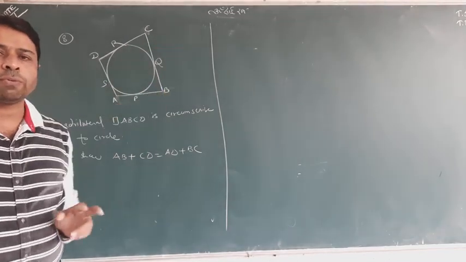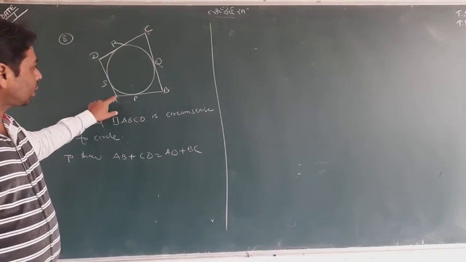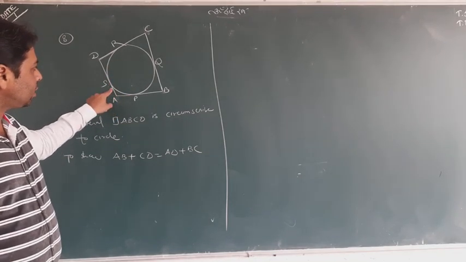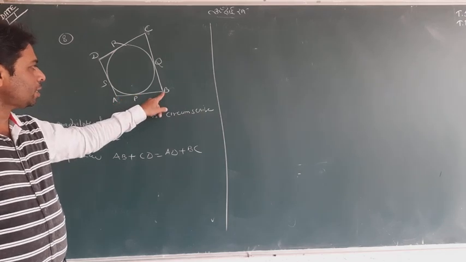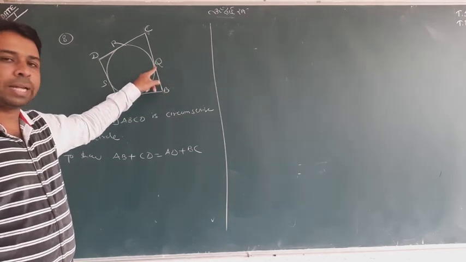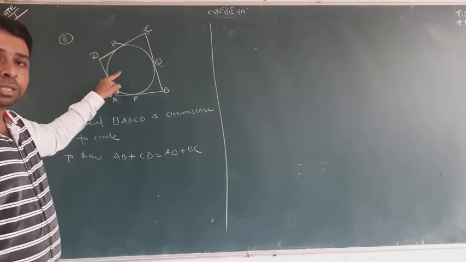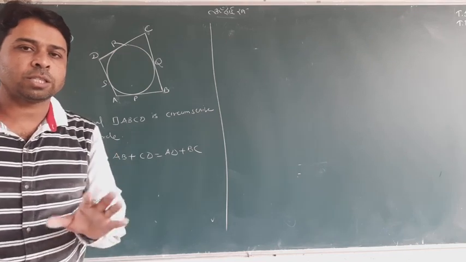So I start with the theorem. You know that it is a circle. This is an external point, so these two tangents are equal in length. This is an external point, this is a circle, these two are tangents of equal length. Same, CQ equal to CR. Same, DR equal to DS. So I will use this concept here.